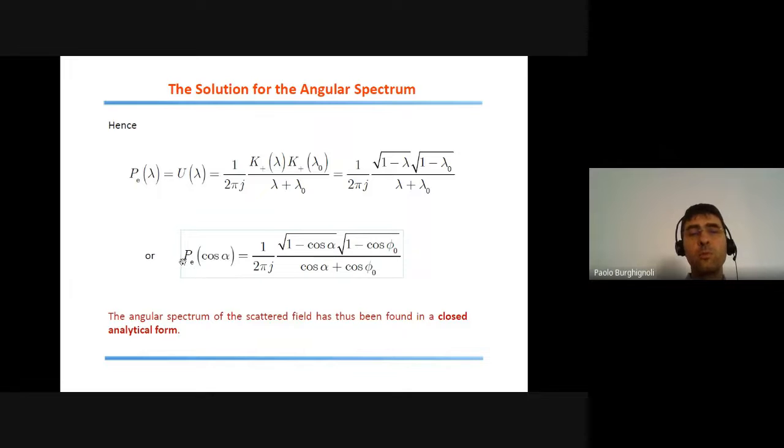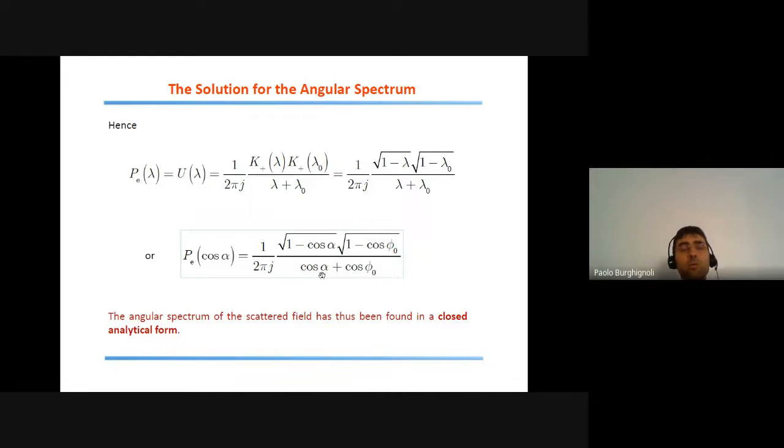You have the spectrum p sub e as a function of the cosine of alpha, expressed in terms of elementary functions, because we have square root functions which are evaluated once with the argument 1 minus cosine of alpha, and another time with the argument 1 minus cosine of phi 0, which is a constant, that is, phi 0 is the incident angle. Whereas in the denominator, we have the sum of two cosines, cosine of alpha plus cosine of phi 0, and this denominator introduces the optical pole.